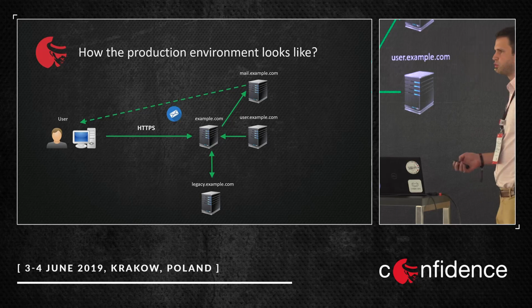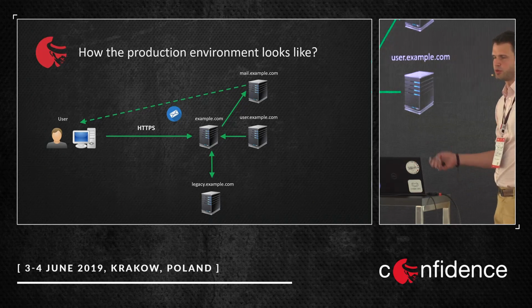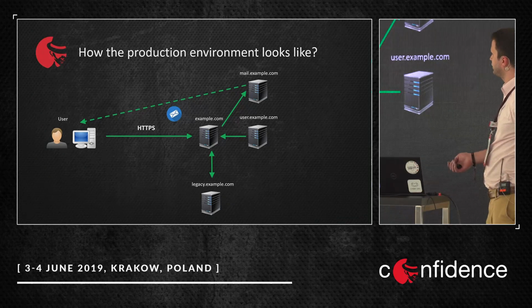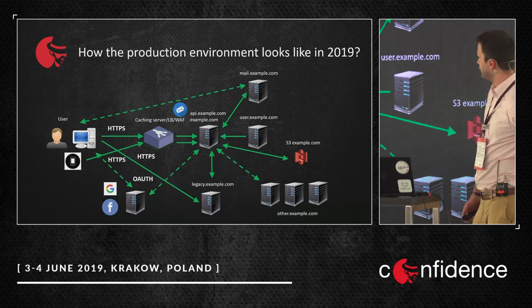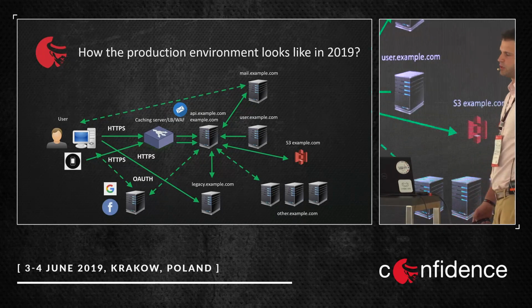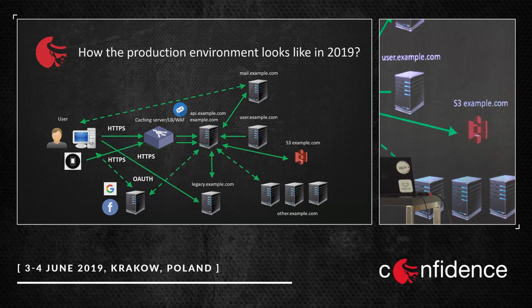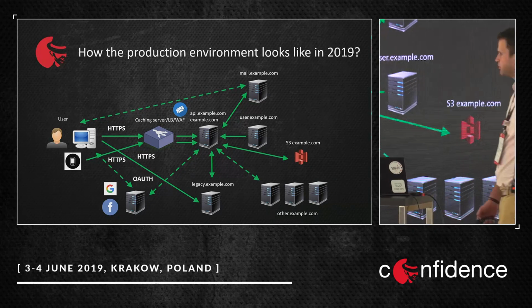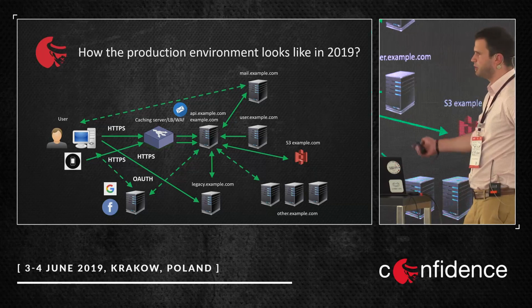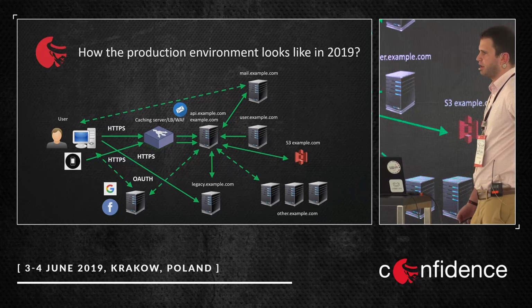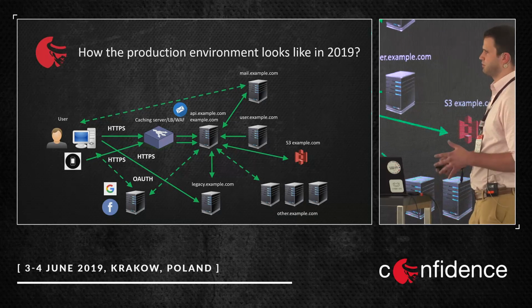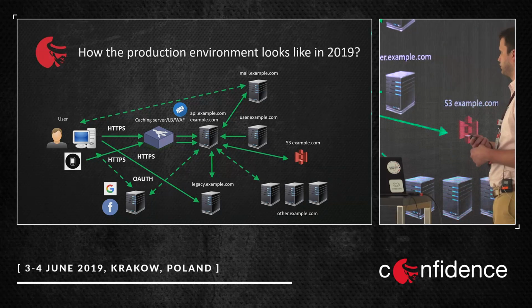And what's even worse for the people who perform the pen tests is that it's 2019 now, so the application will look like this. And I'm still probably missing some components because right now everything is in the cloud. We have AWS Lambda functions, we have simple email services, and all of these components are usually not part of the scope, or pen testers are not informed about them.